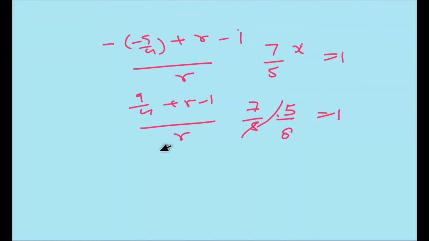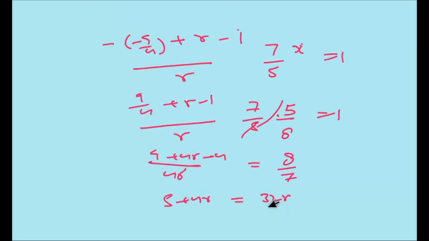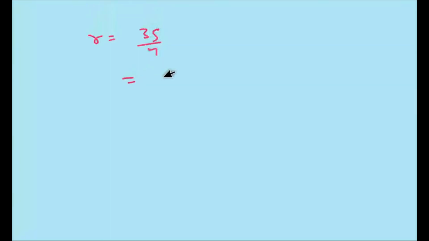So taking LCM, we can get 9 plus 4r minus 4 equal to 8 upon 7, and we can get 5 plus 4r equal to 32r upon 7, and 35 plus 28r equal to 32r, so we get 35 equal to 4r. So now we get r equal to 35 upon 4.